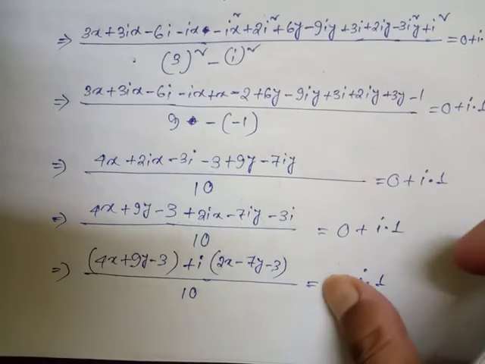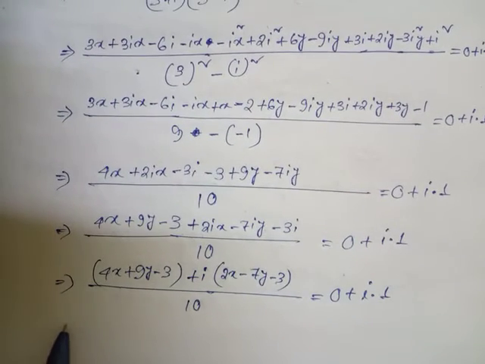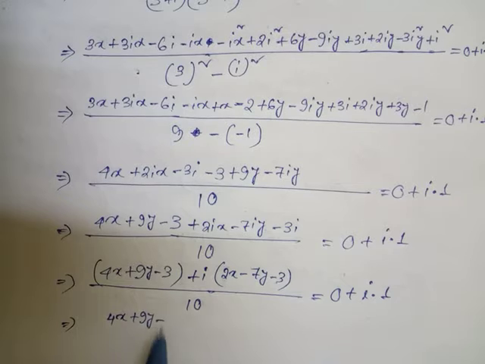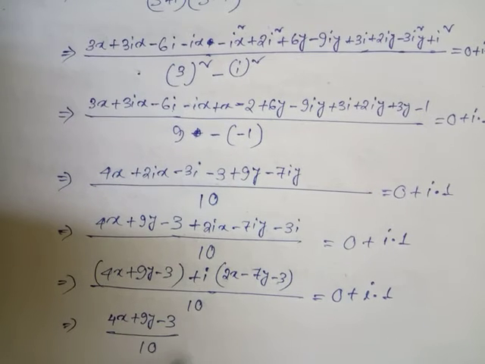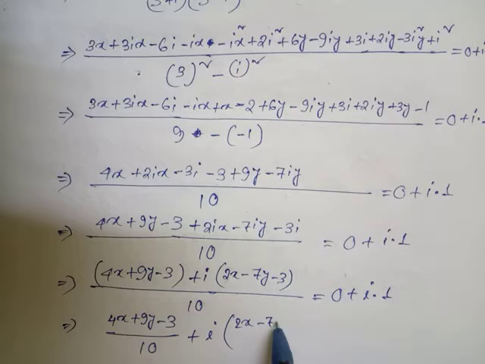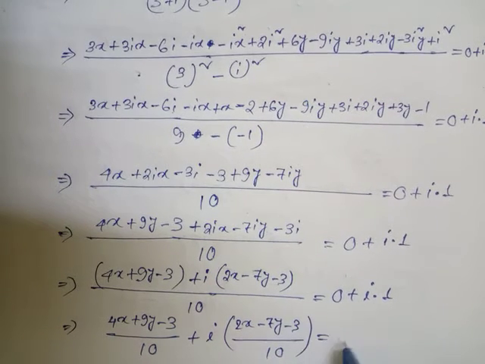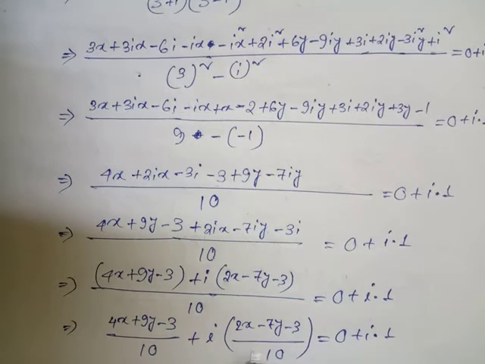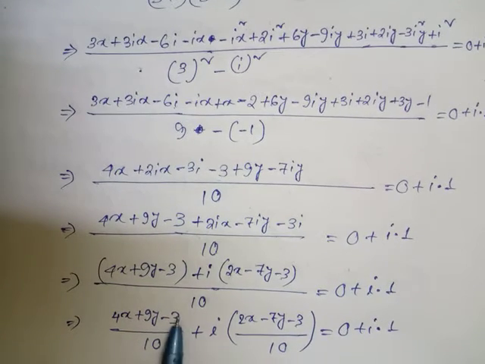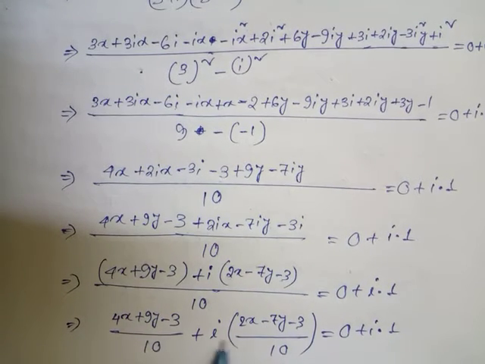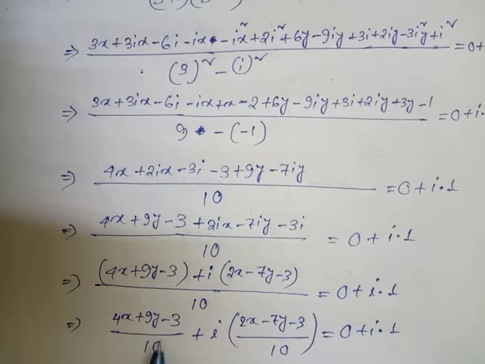Now just split up again: 4x plus 9y minus 3 by 10 plus i into 2x minus 7y minus 3 by 10 equal to 0 plus i into 1. Now if we compare, this part is real and this part is imaginary, because i is there. So comparing these two, this equals 0 and this equals 1.